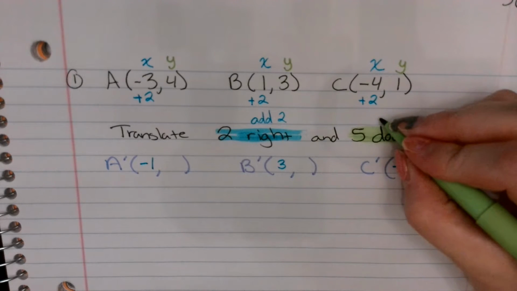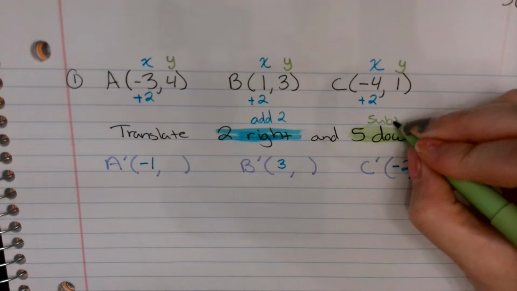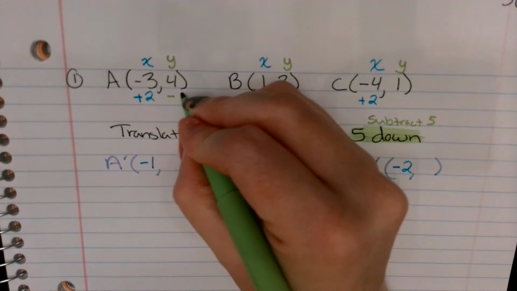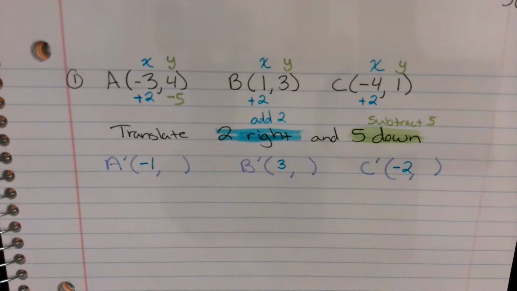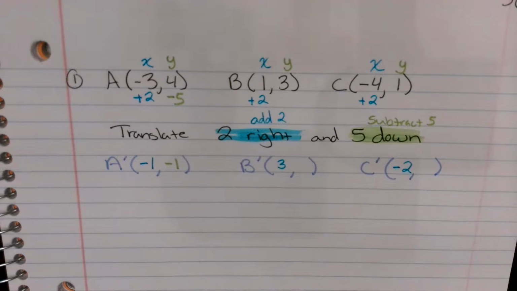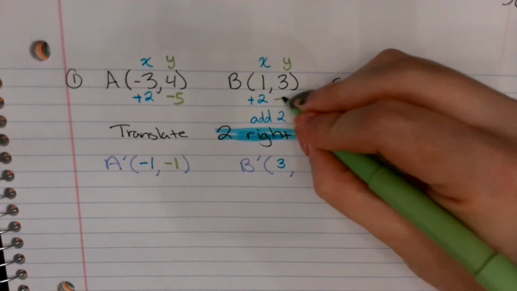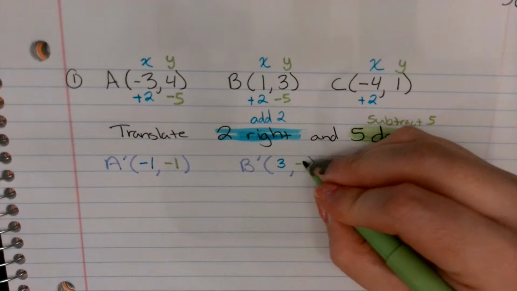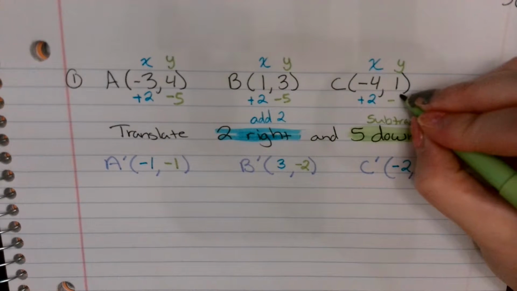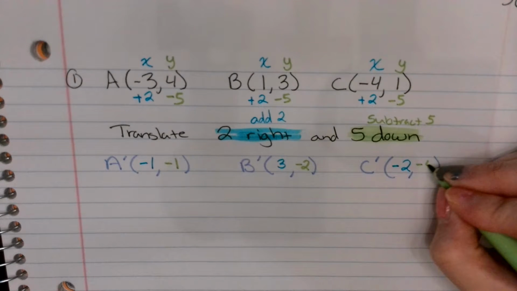That means I'm going to subtract 5 from everything. So 4 minus 5 is going to give me negative 1. Then 3 minus 5 gives me negative 2. Then 1 minus 5 gives me negative 4.